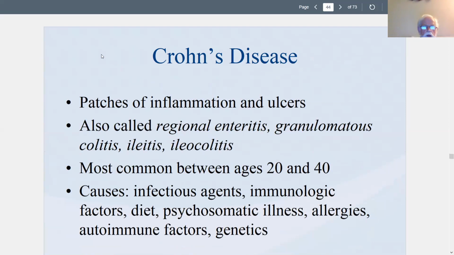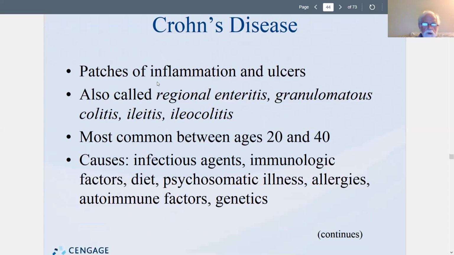They're all the same thing, and the fact that we have itis in the name tells us that it's an inflammatory disease. Most common in people between 20 and 40, and I believe it's more common in men than women.